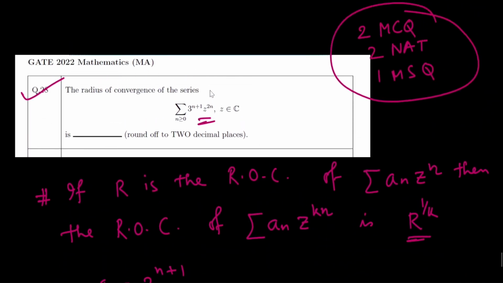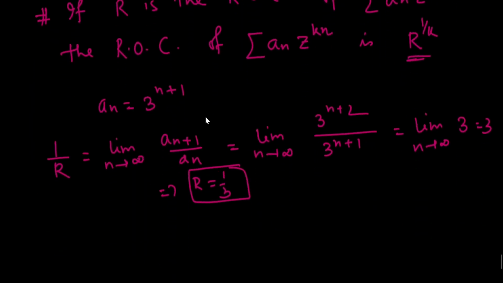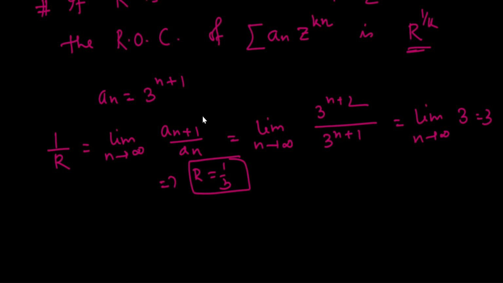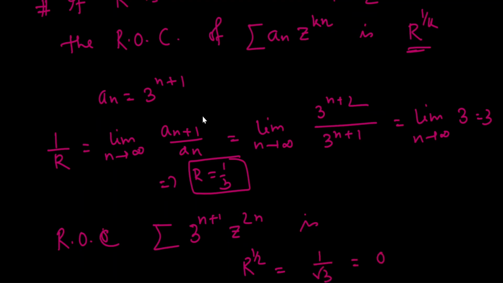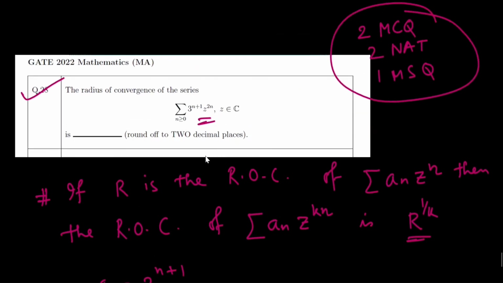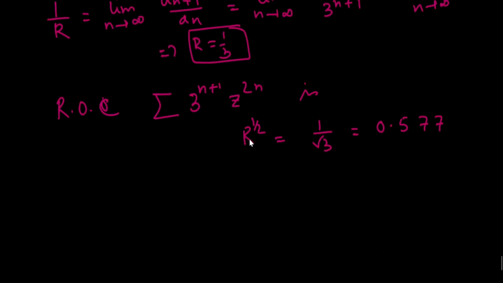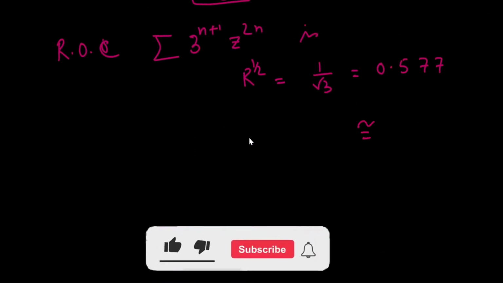Therefore, here the power of z is 2n. Therefore, the radius of convergence is the ROC of the series summation (3^n + 1) z^(2n), which is r^(1/2), that is equal to 1 by root 3, which is equal to 0.577 something, and in the question the answer should be rounded up to 2 decimal places, which is 0.58.